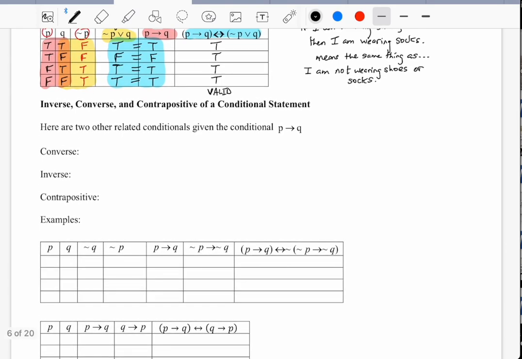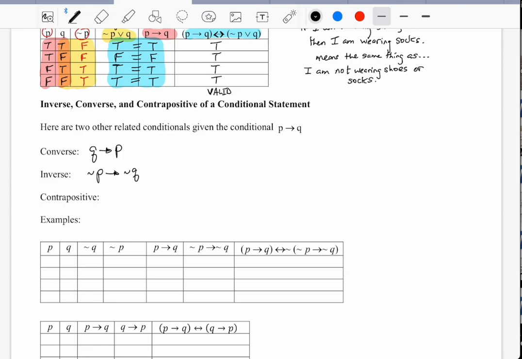A converse is when you switch the premise with the conclusion. Inverse is when you negate the premise and the conclusion. And the contrapositive is when you do both.